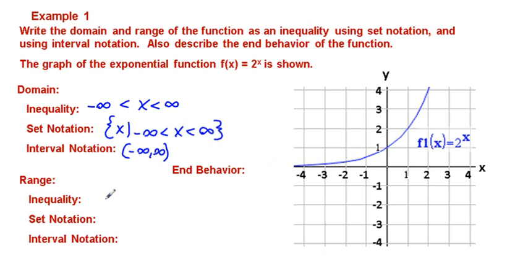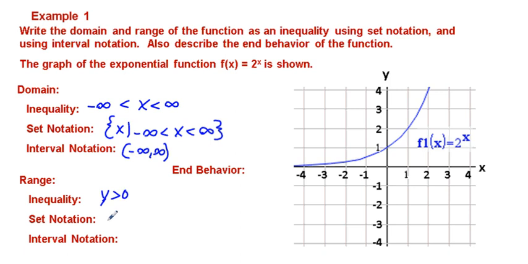So y is not going to be greater than or equal to 0, but greater than 0. And so our inequality is going to be... Well, I got that wrong already, don't I? It should be y. y is greater than 0.